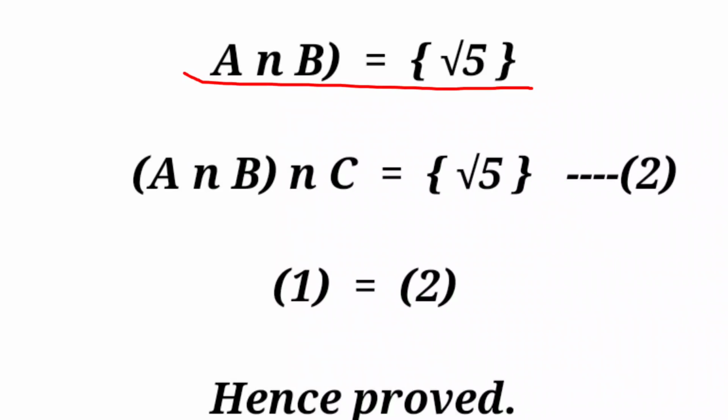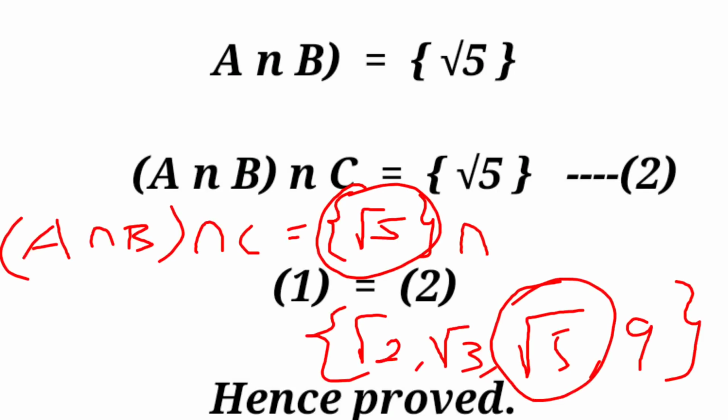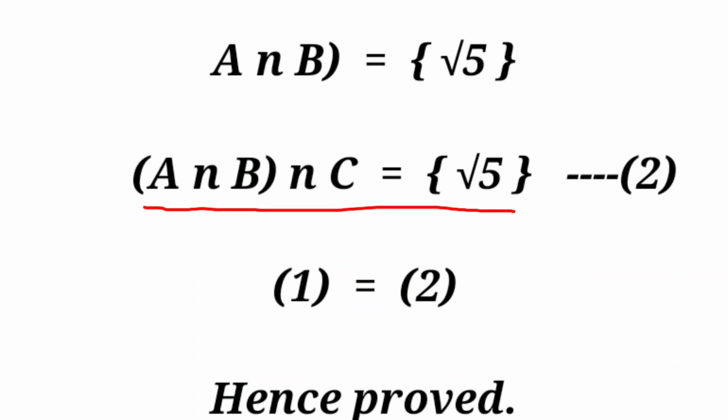Therefore A intersection B is equal to root 5. Then (A intersection B) intersection C is equal to root 5 intersection {root 2, root 3, root 5, 9}. Common element is root 5. Therefore (A intersection B) intersection C is equal to root 5. That is equation number 2. From 1 and 2, LHS is equal to RHS.